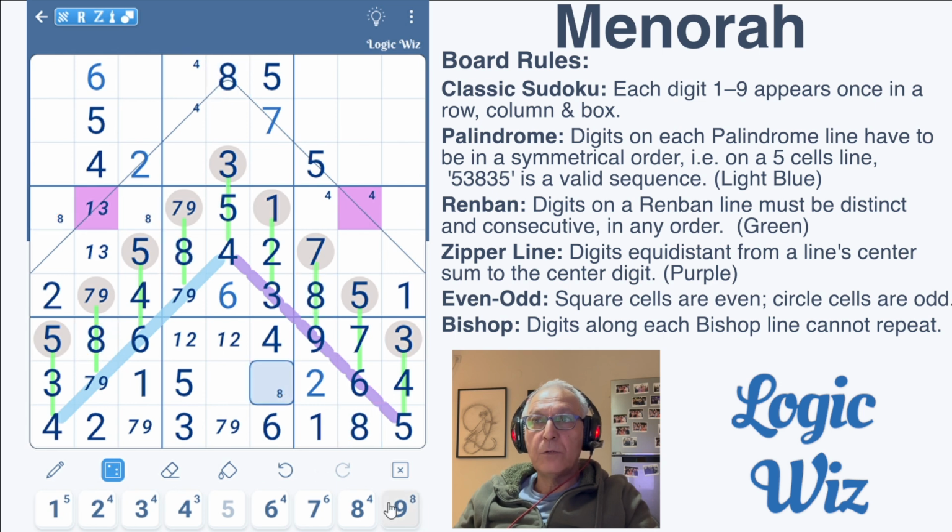And now 8 must go here. And here we must have 7 or 9, the only missing digits in this box. So which digits we have here? This one must be 1 or 2.